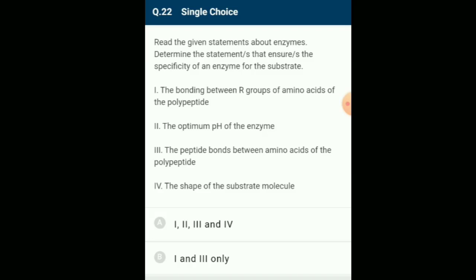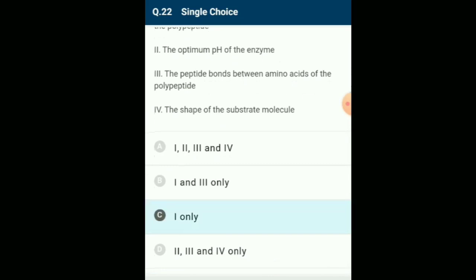Due to the R group, the bonding of the polypeptide chain in the enzyme will differ, resulting in formation of various folds and bends in its tertiary structure, enabling the making of a substrate binding site which is highly specific. So the answer for this question is option C. From the given four statements, statement 1 only.